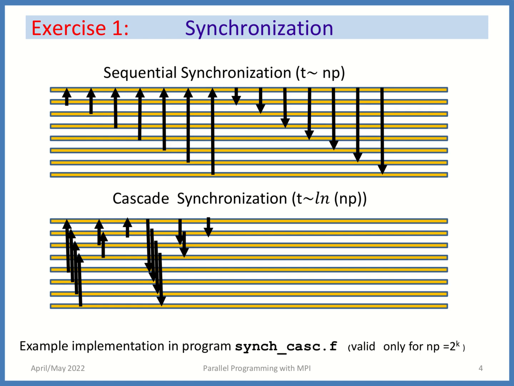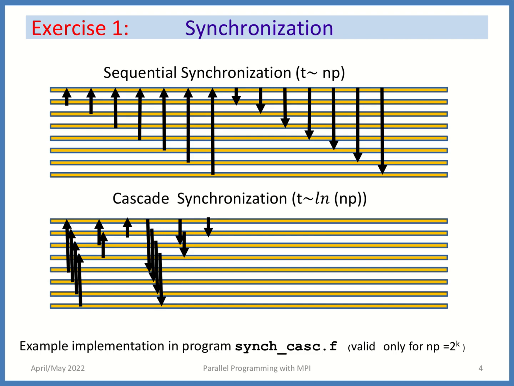So this would take a time proportional to the number of processes, but you could do it in a parallel way, that at the same time you make a communication between processes half of the total number of processes apart. So process 0 communicates with process 3 in this case, and process 1 with 4, and so on.